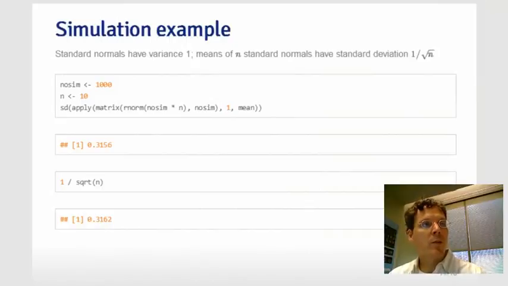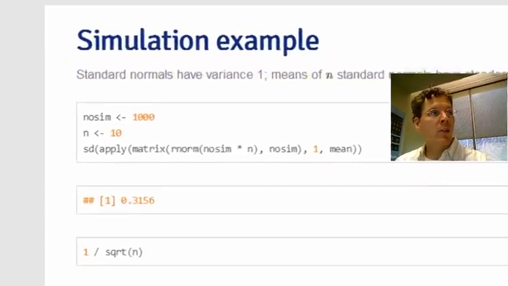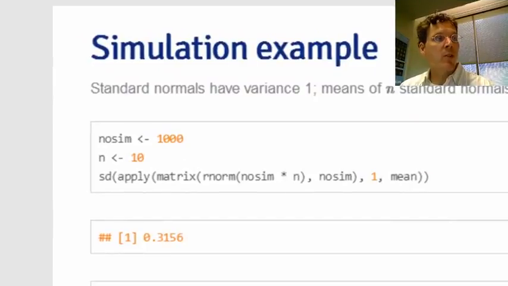Standard normals have a variance of 1. That means they have a standard deviation also of 1, because the square root of 1 is 1. So means of n standard normals, if our math is right, should have a standard deviation of 1 over square root n. Let's say my number of simulations is 1,000 and my n is 10.